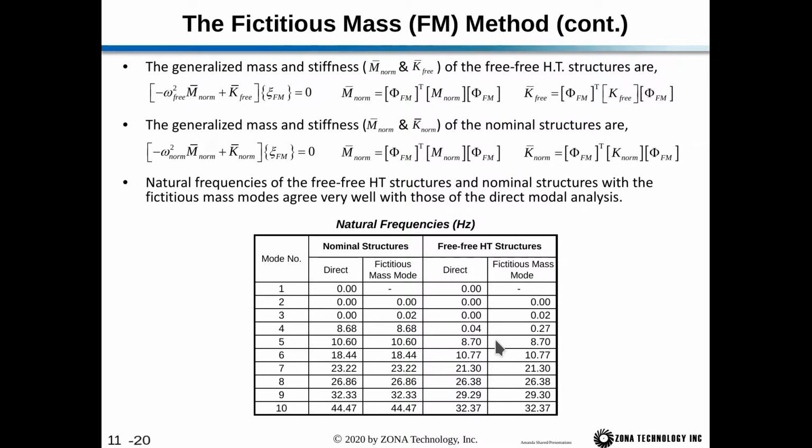And then the remaining modes, elastic modes, are seen here. Also, you can see that the natural frequencies of the nominal structure and free structure correlate decently well.